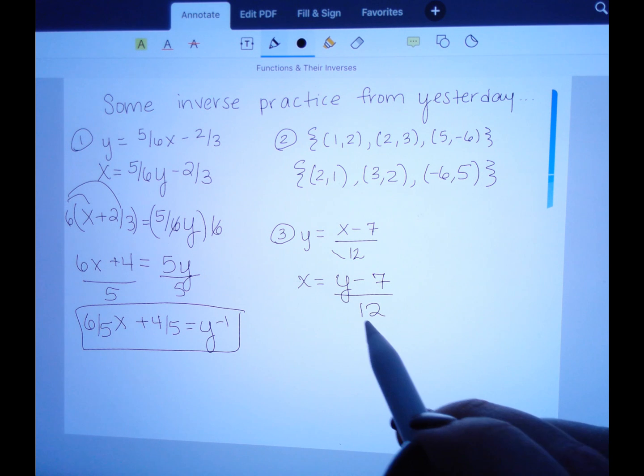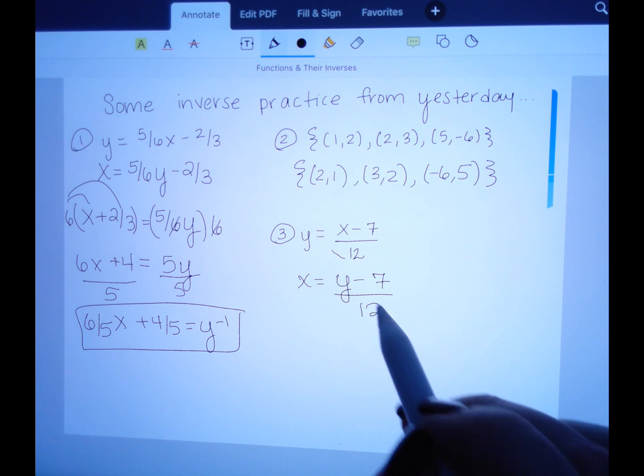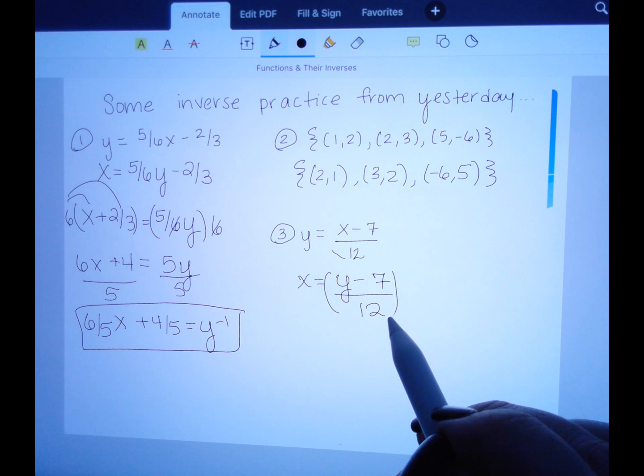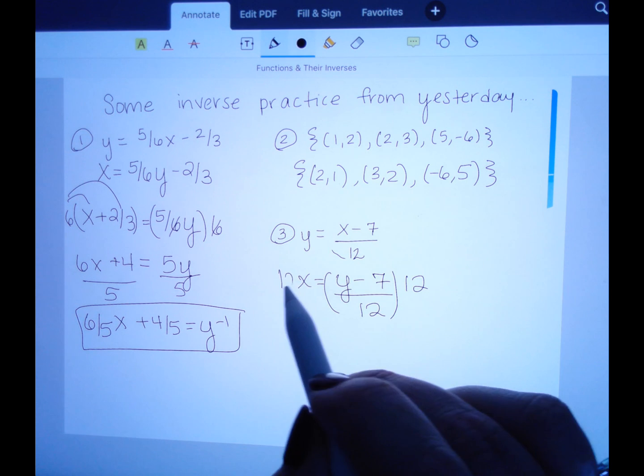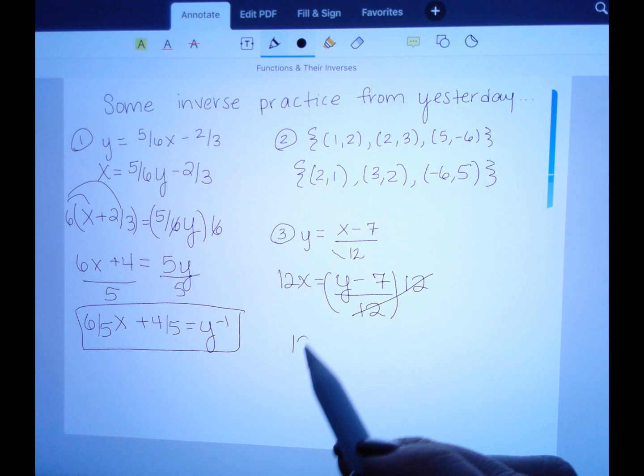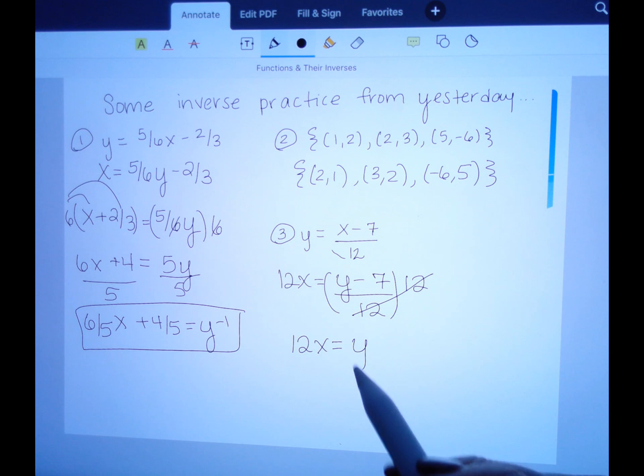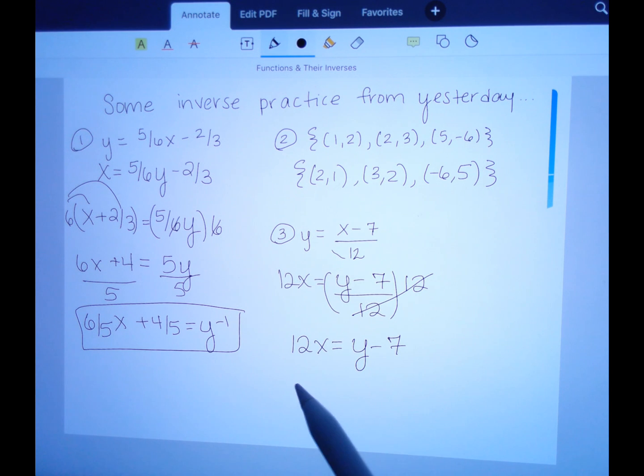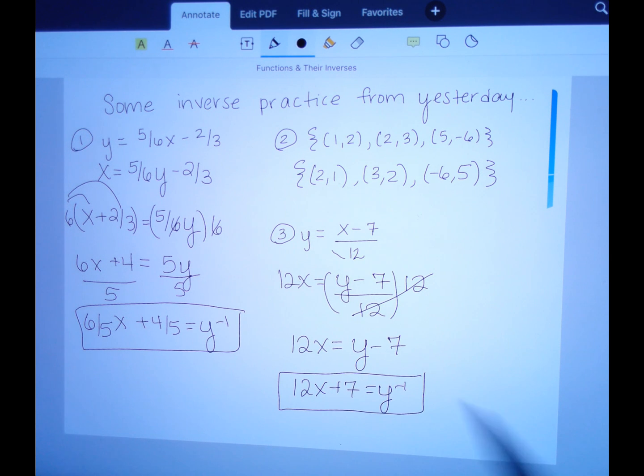To get rid of a denominator, which is just division, you want to multiply by it. So we end up with 12x equals y minus 7. And then to get y by itself, you want to add the 7. So I bet if you didn't get that one, you were probably just making it a little harder than what it was.